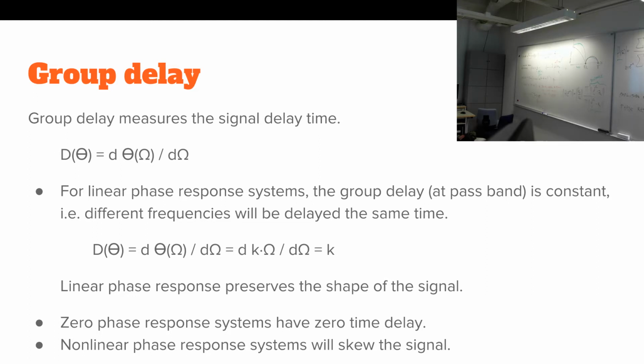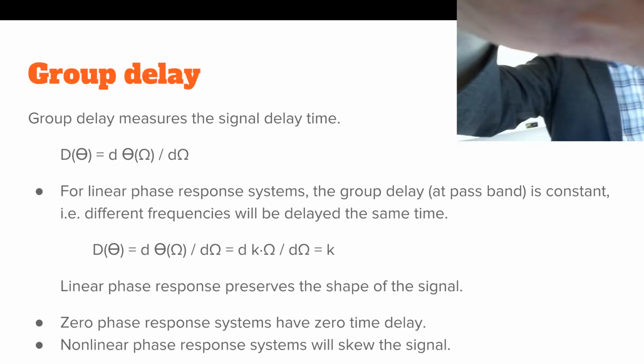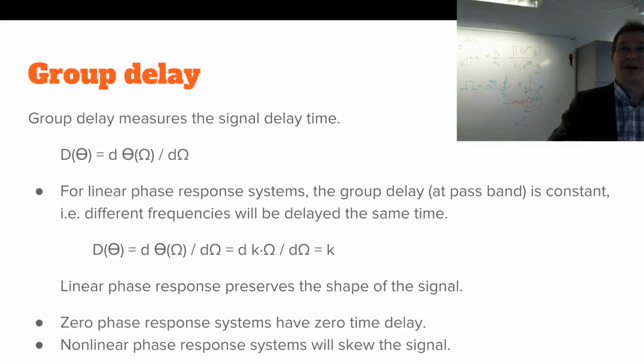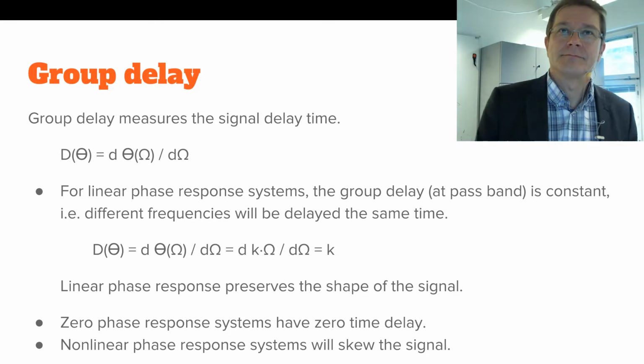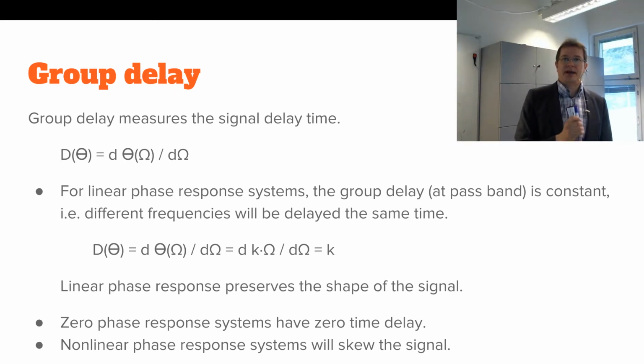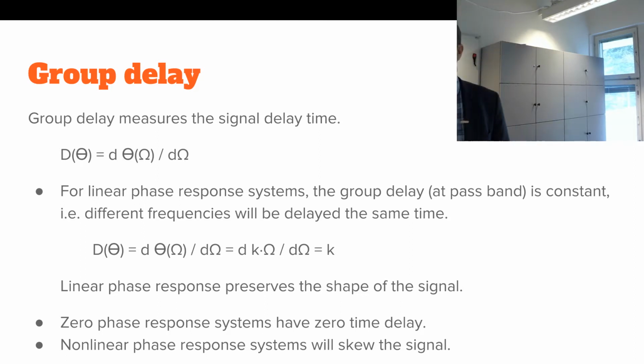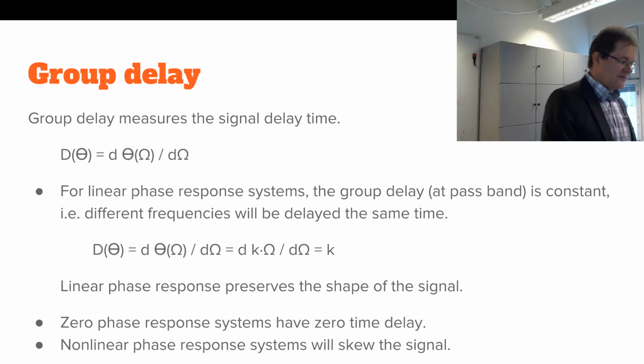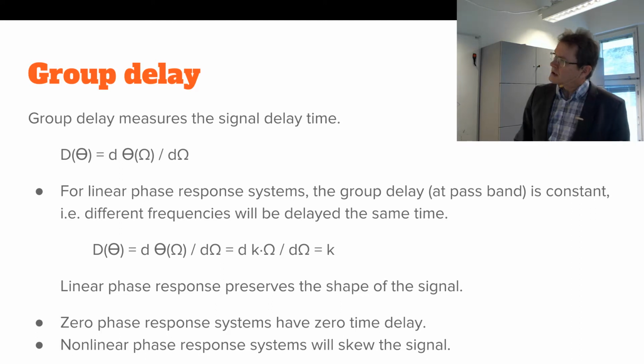But anyway, if you take the derivative of that phase shift with respect to omega, the frequency, then what? That's actually called the group delay. Group delay is just a function that shows the time delay versus omega.